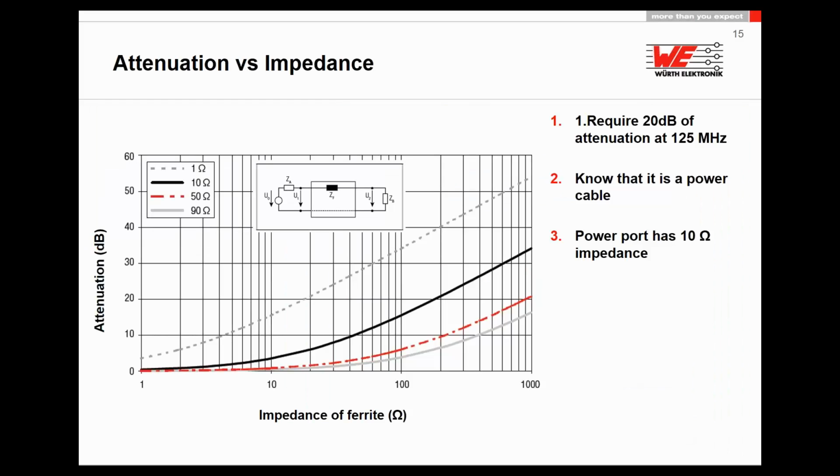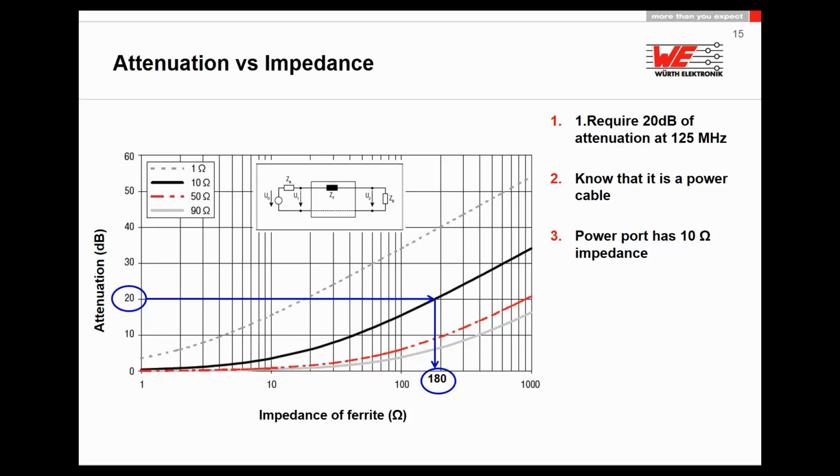Now, I have here 1 ohm, 10 ohm, 50 ohm, and 90 ohm system impedances, and you're looking for 20 dB. If you put the scientific calculator to work and calculate with a 10 ohm system impedance, you will have a value of something like 180 ohm for the ferrite beads. So I will start with this point, 180 ohm.